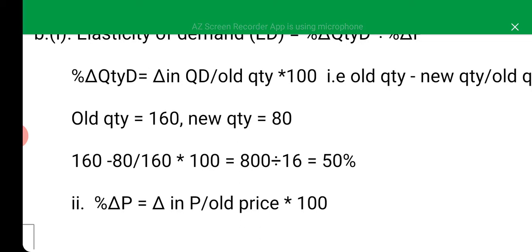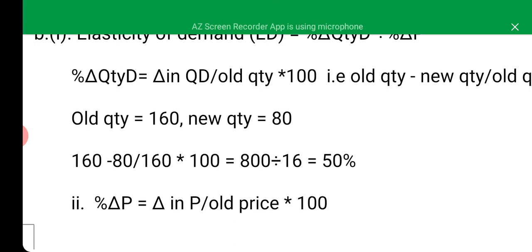160 minus 80 will give us 80 all over 160 times 100/1. When we take away 80 from 160, that will be 80 over 160 times 100/1.